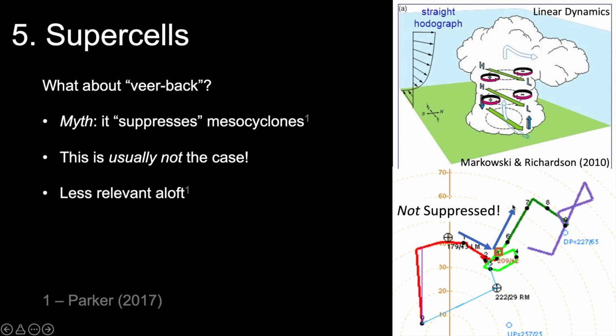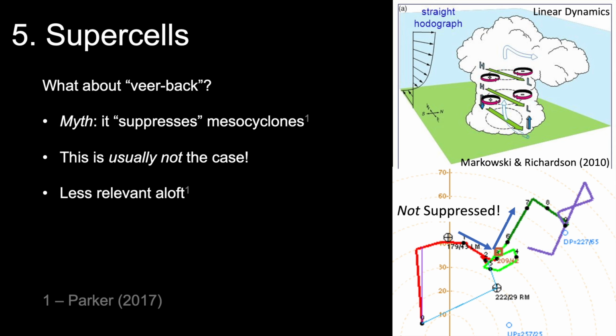This isn't even going to end up linearly suppressing the storms to any degree. And especially when our shear is really weak in this layer too, right? That's also not weak shear in the layer. It really is not going to contribute to a large suppression. So cases like this, if you see anything remotely close to this, we really are not dealing with a case where suppression is going to be anything more than negligible for these supercell storms.